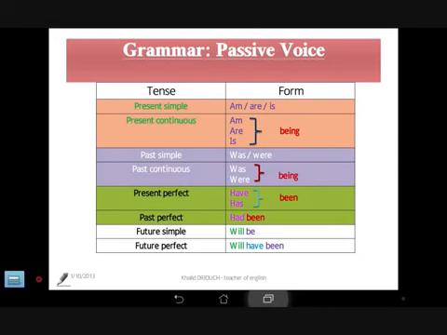Present continuous, am, are, is, being. In the past simple, was or were. In the past continuous, was or were, being. In the present perfect, have or has been. In the past perfect, had been. In the future simple, will be. In the future perfect, will have been.